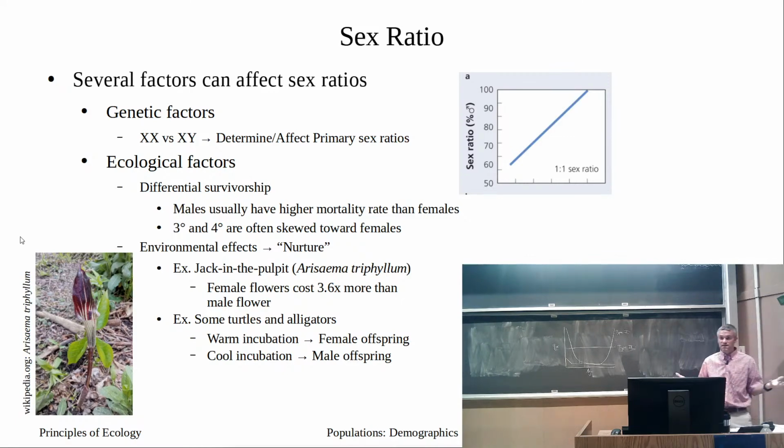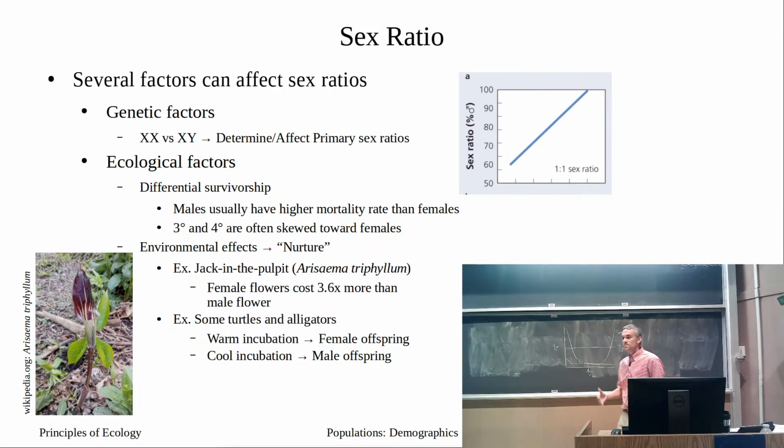So the cost benefit: female flowers cost over 3.5 times more than a male flower. So if you're in a poor quality environment, if you are not in the sun, you are basically energy deprived. You don't have the energy necessary to produce that female flower, yet you still want to reproduce.